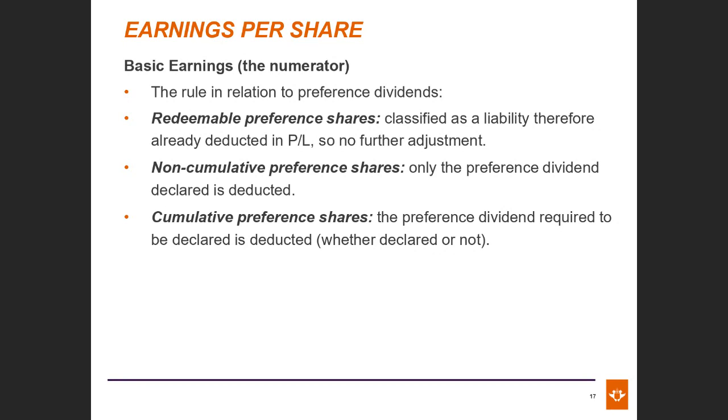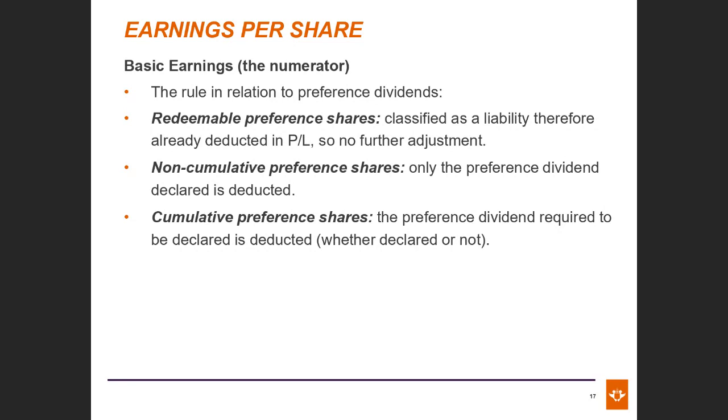This is just a slide to recap some of the previous principles which we have learned. If we have redeemable preference shares and these are classified as a liability, remember we said the preference dividend would already have been deducted from our profit, so there is no further adjustment needed.